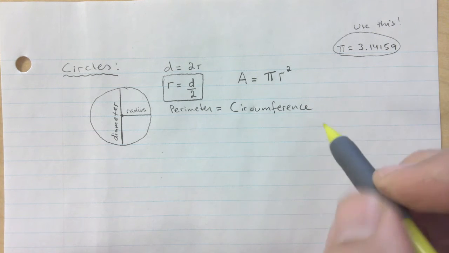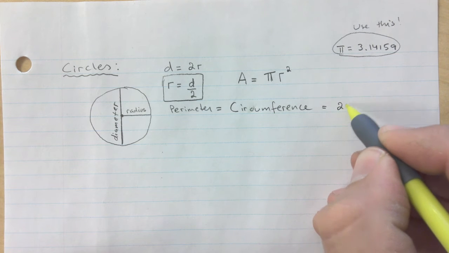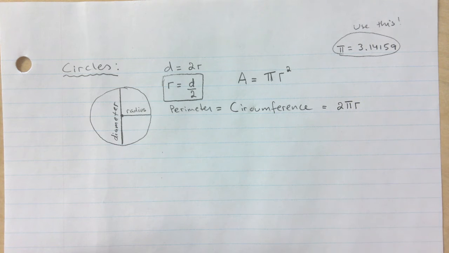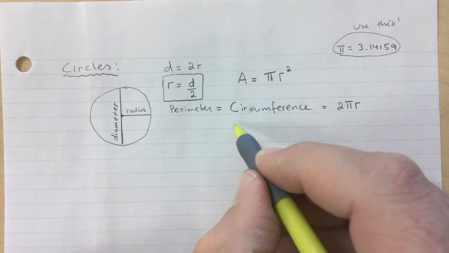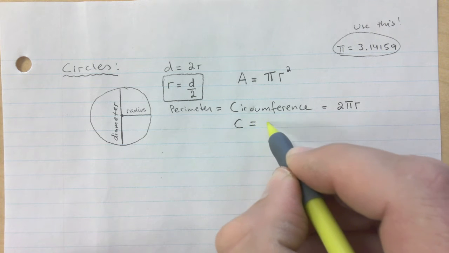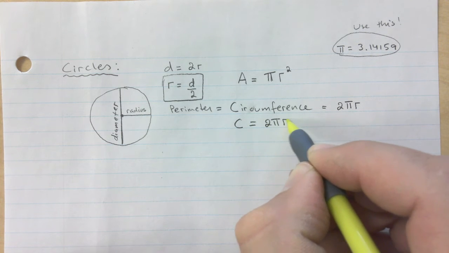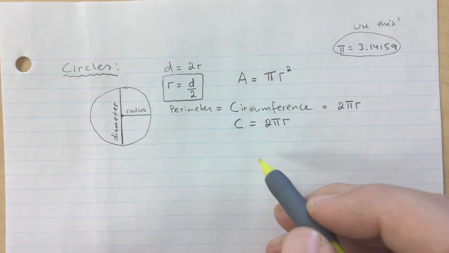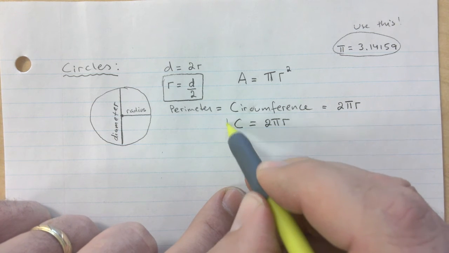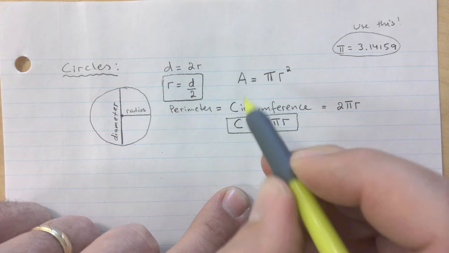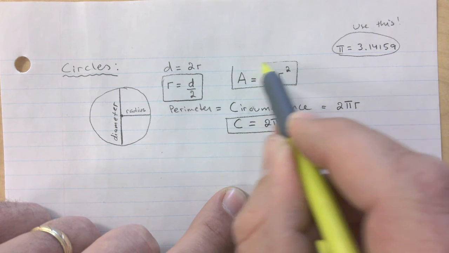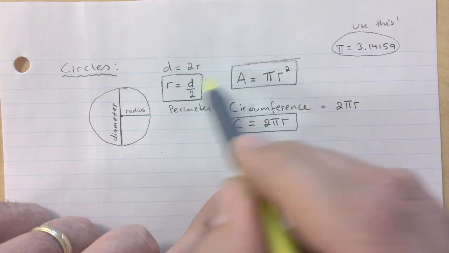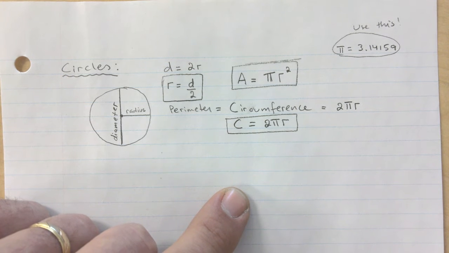The distance around the circle, which is 2 pi radius. So I'll just make it shorter here. C is equal to 2 pi r. So for circles, there are 3 important things you need to remember.